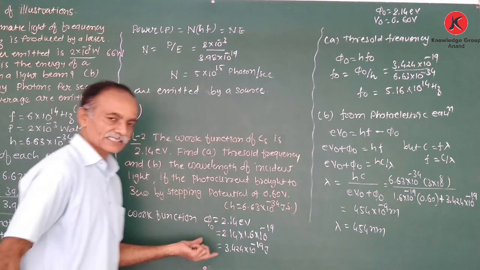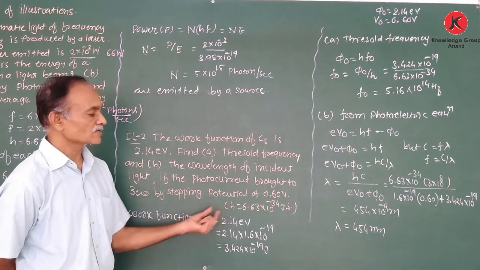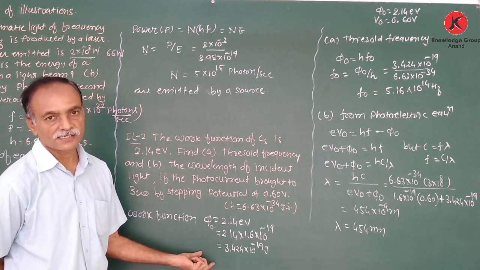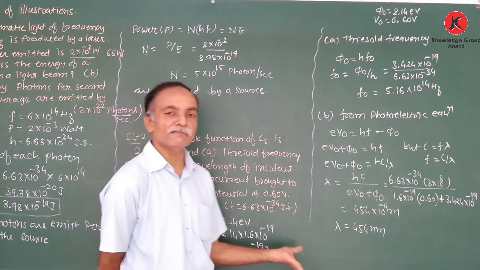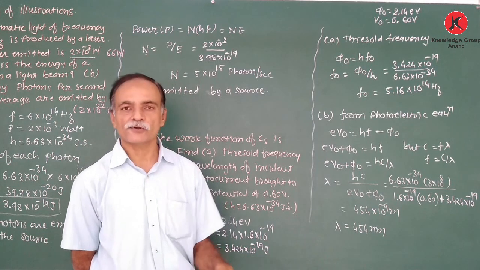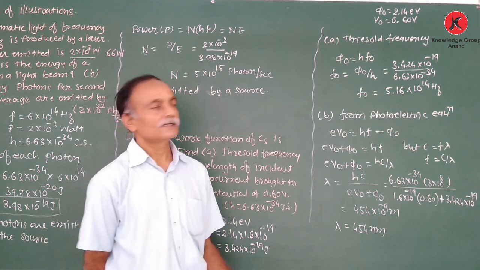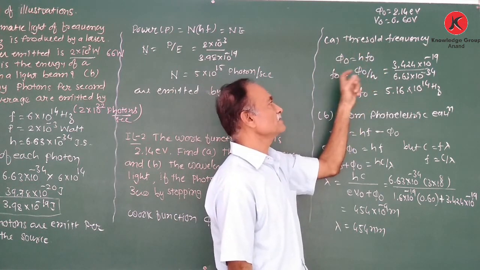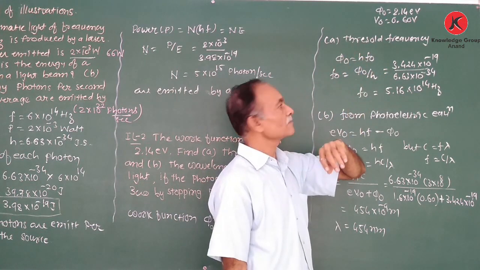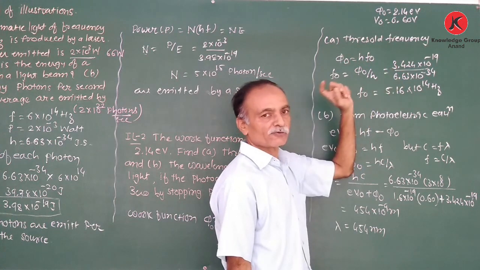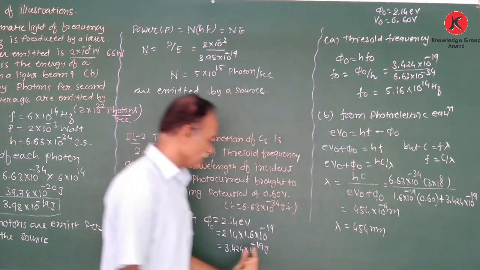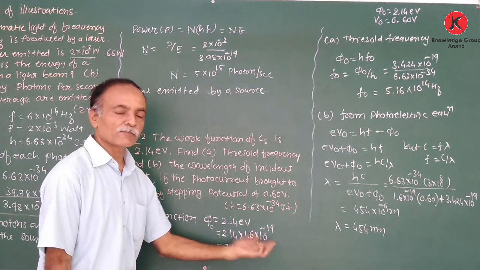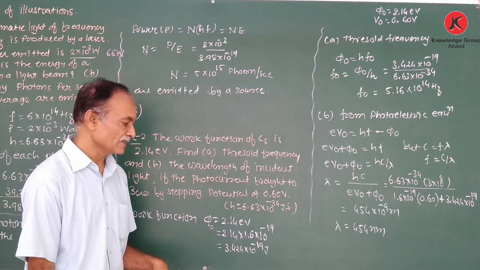Again, in the second illustration, the work function is given and also the stopping potential is given. First, we have to find out the threshold frequency. The threshold frequency is the minimum frequency required to produce the photoelectric effect. Therefore, phi 0 is equal to h f0, so f0 is equal to phi 0 upon h. Phi 0 is given in electron volt, so we convert it into joule by multiplying the given value by 1.6 into 10 to the power minus 19.